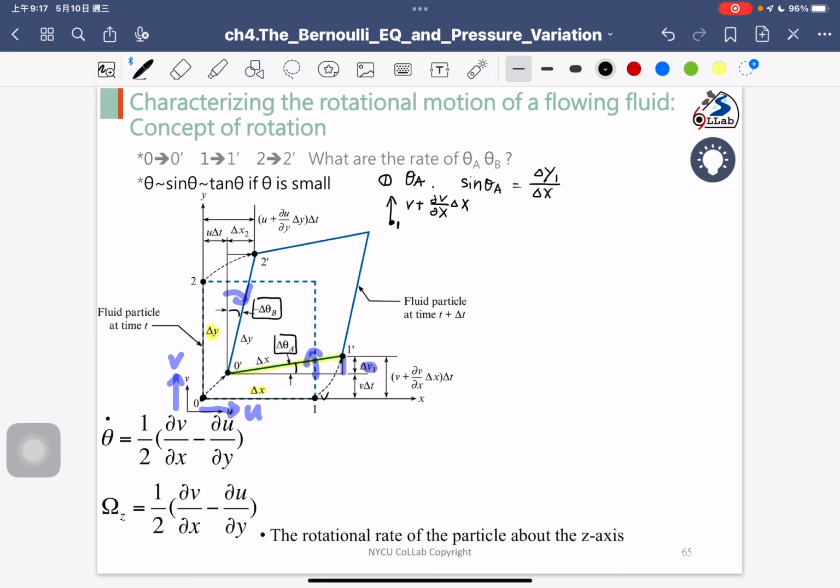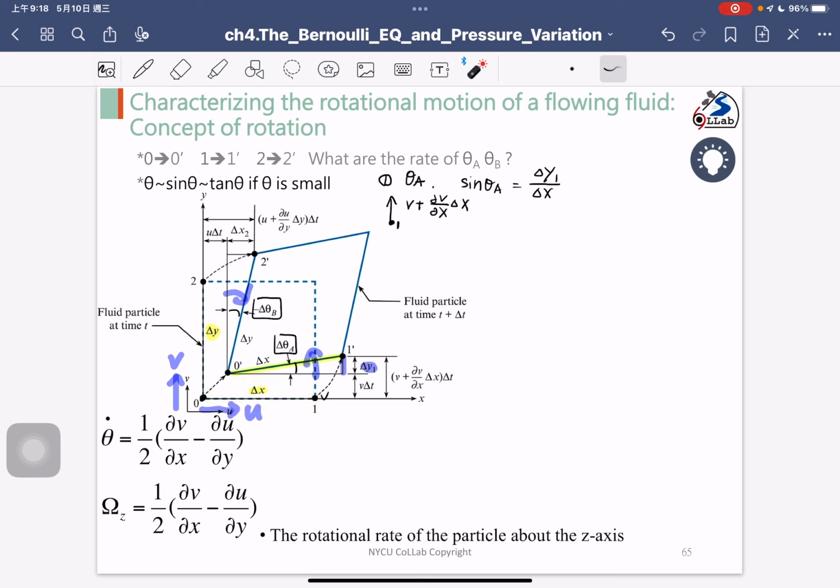I assume the point goes from 0 to point 1 here. The velocity v will change, and the change depends on the linear velocity gradient multiplied by the change in delta x. Okay, why do I multiply by delta x? Because the difference in distance is delta x here.